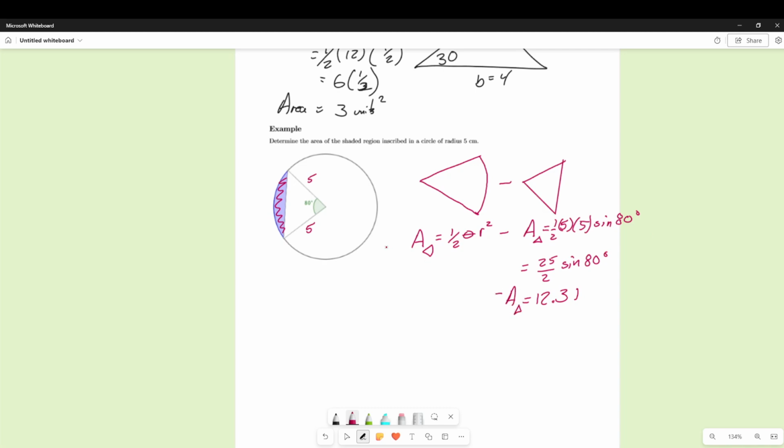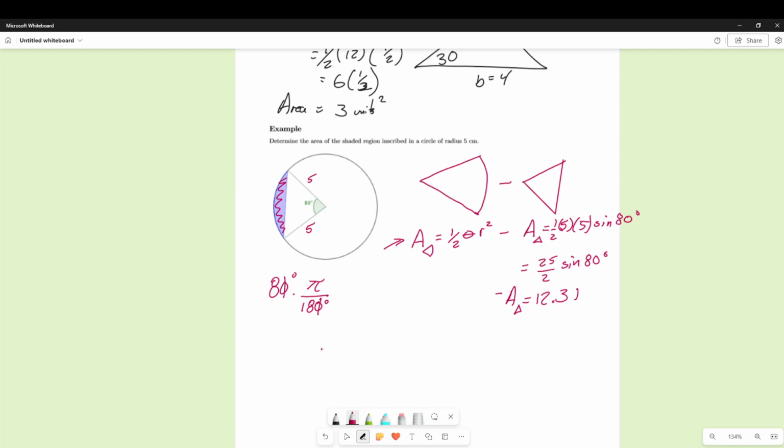Now, we do have to be a little careful. We know that this tool for area of a sector is dependent on us being in radian measure. So we do have to convert that 80 degrees into radians if we want to use it.